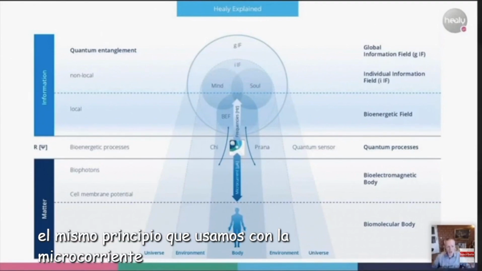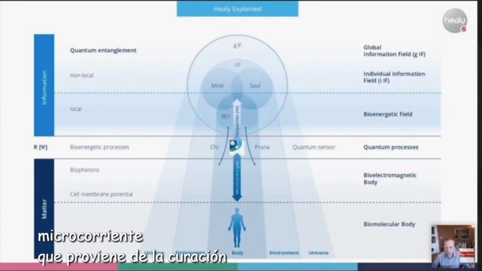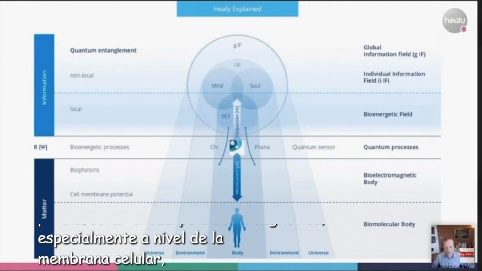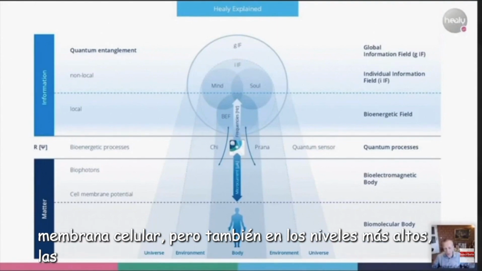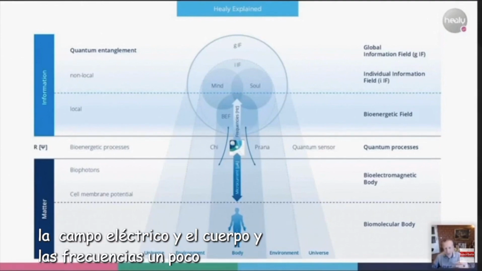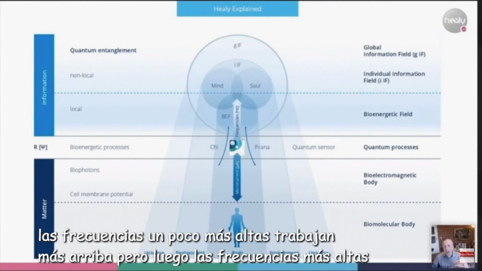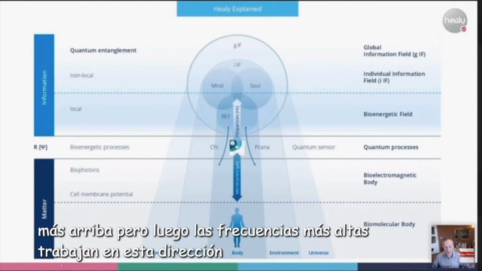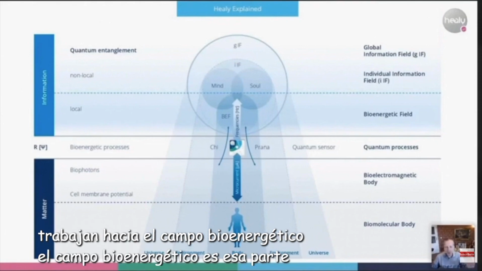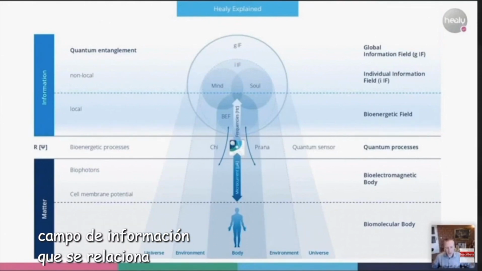We are using the microcurrent which is coming from Healy with low frequencies to affect the electromagnetic body, especially on the level of the cell membrane, but also on the higher levels. The low frequencies work very much down to the border between the electrical field and the body, and the slightly higher frequencies work higher up. But then the higher frequencies, they work in this direction. They work towards the bioenergetic field. The bioenergetic field is that part of the information field which relates to our body through bioenergy.